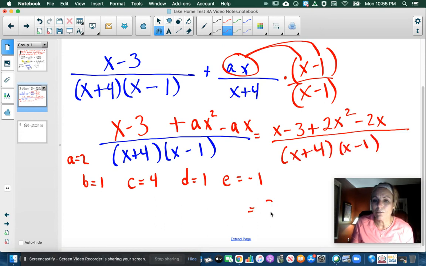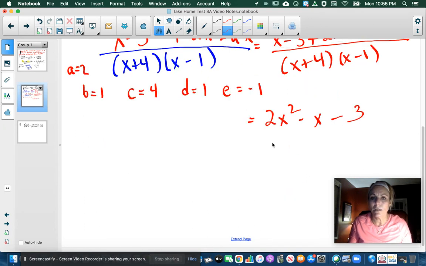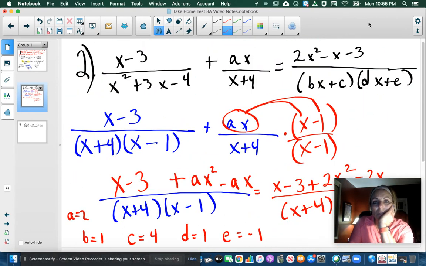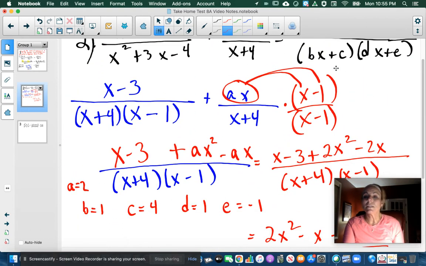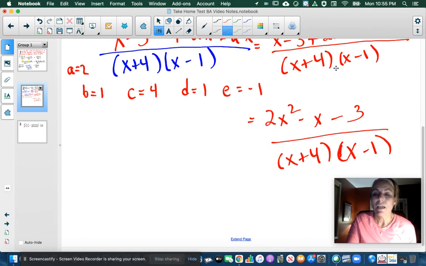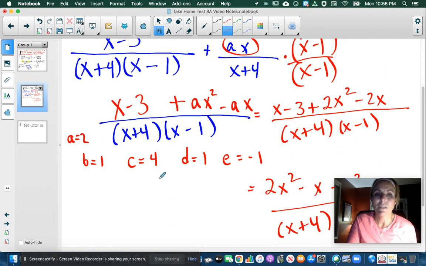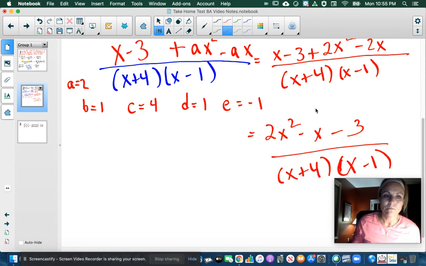And combine like terms, we get 2x squared minus x minus 3. 2x squared minus x minus 3 is exactly what we have. And so we are done. We have found A, B, C, D, and E. And that's what they're asking us to do.